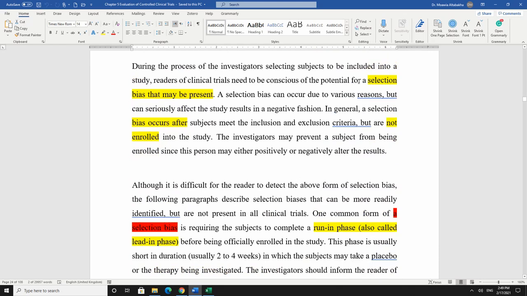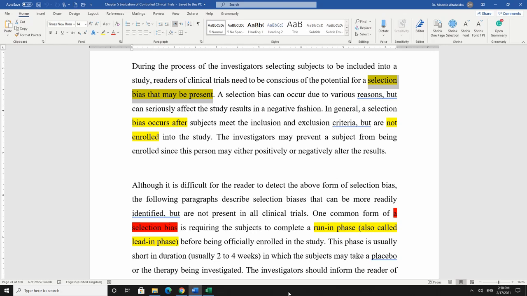Now, selection bias can be present. Let's say, and I will assume the following, that you did a good listing of the inclusion criteria and the exclusion criteria. Everything was going good.